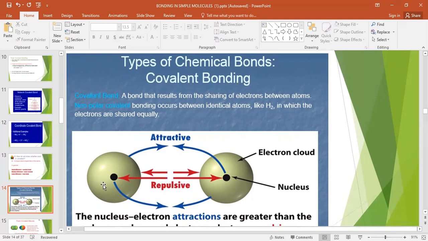This is called attractive forces between elements. You can see this one is the first element, this one is the second element. The protons of the first nucleus are attracted by the electrons of the other nucleus, and as a result of this force of attraction, we form a chemical bond. That is for different atoms.